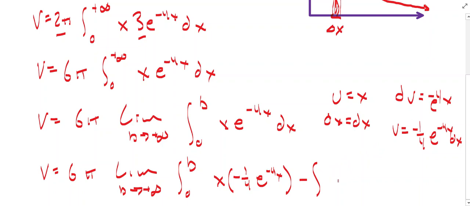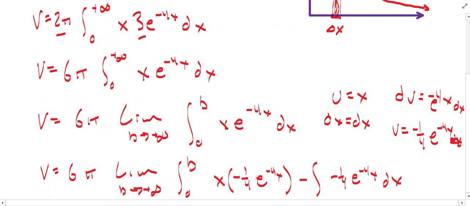So that dx should not be there, that dx is supposed to be up there, but you guys saw that. The integral of v du, so negative 1/4 e to the negative 4x dx.